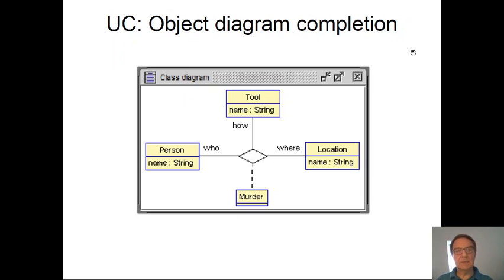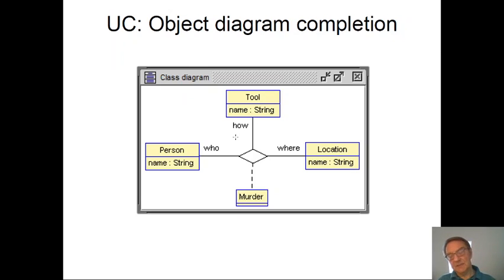The second use case, I have called it object diagram completion. The class diagram looks a bit different. The class diagram is about a murder, and imagine you're an inspector, and you are called to a place, and you come over particular findings, and the findings tell you about persons, possible facts about persons who might have committed the murder.